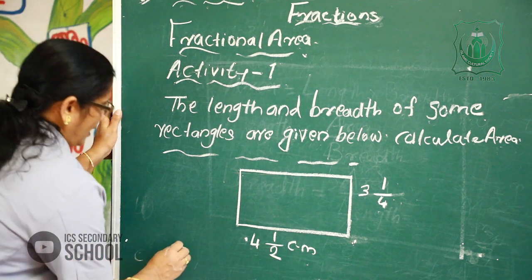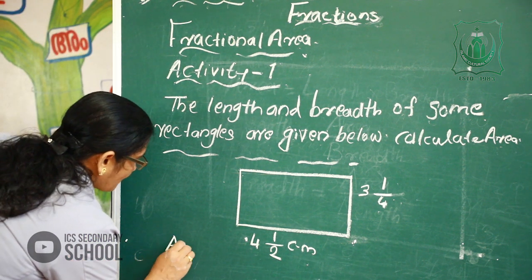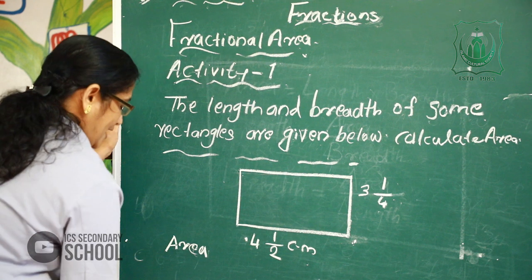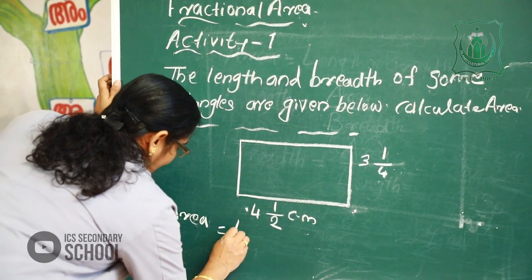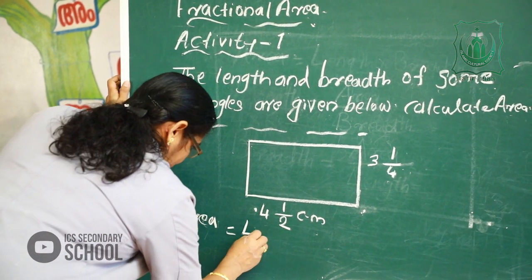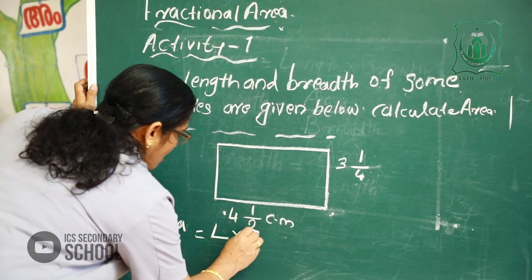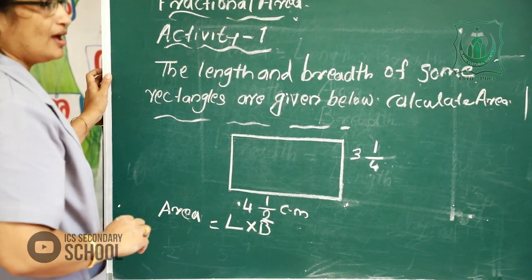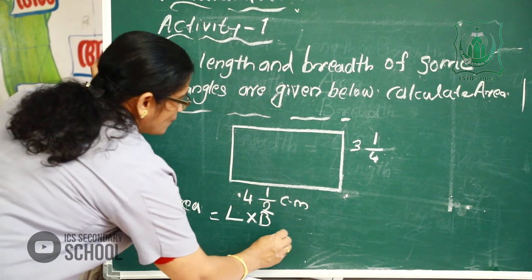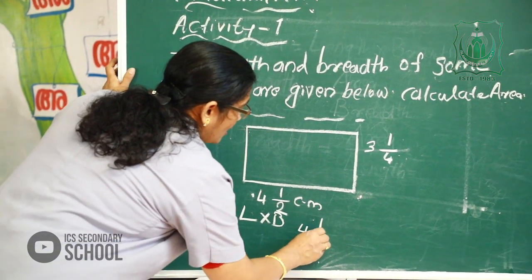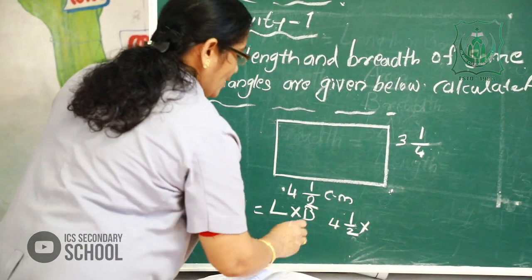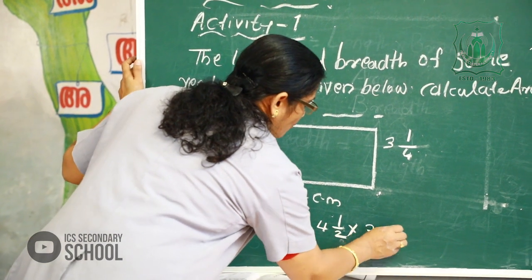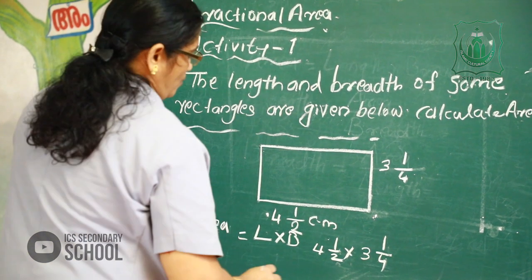Area is length into breadth, L into B. Area equals length into breadth. 1/2 into 1/4.